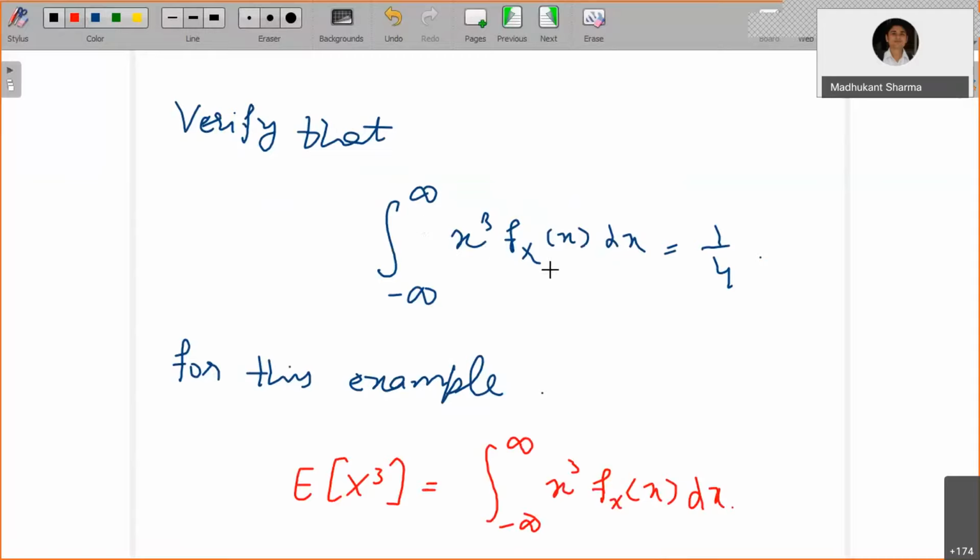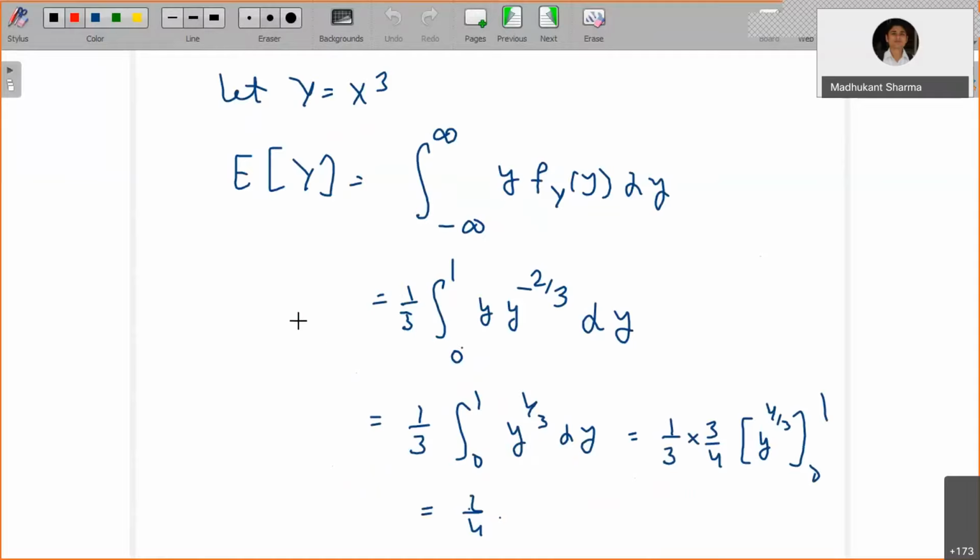You create a new random variable x square, and you can verify that the expectation of x square can also be obtained by this. So see, this formula is easy, because we are only interested in the expected value, not in finding the CDF or probability density function of these new functions. I hope you got the point here.